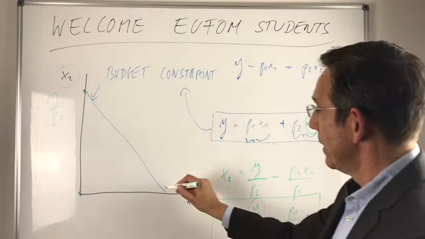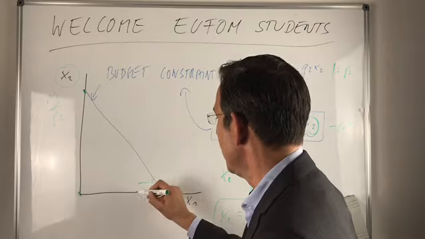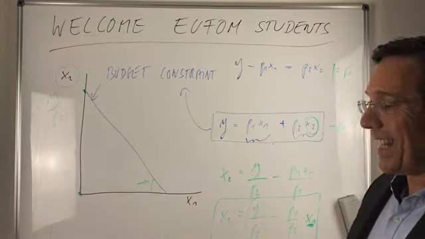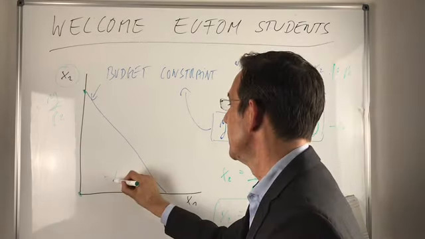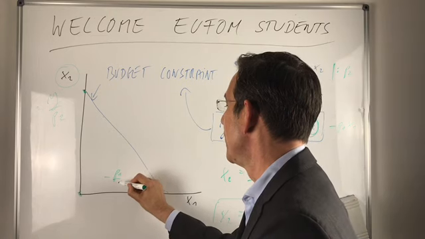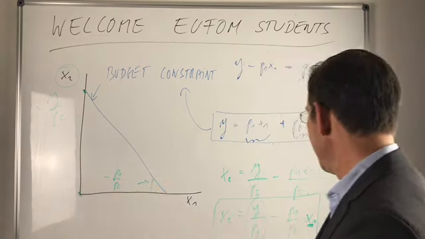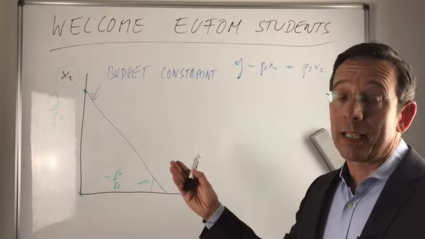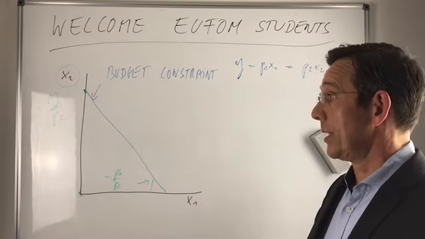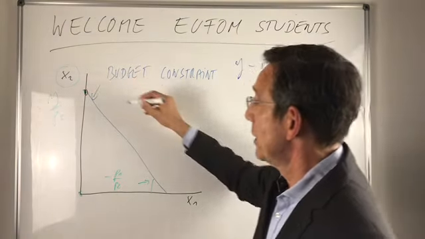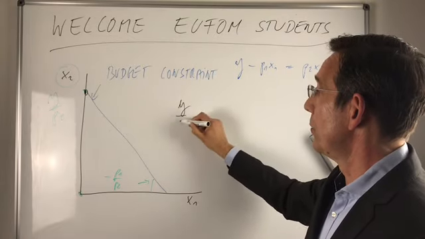And we see here that's the slope, and the slope is P1 over P2. Well, that's exactly what you should keep in mind. On the vertical axis, we have y over P2.